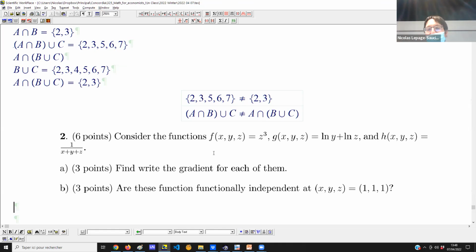So the gradient is the partial derivative. A vector, we write it horizontally, of partial derivatives of each function with respect to each variable. Now let me write this down.